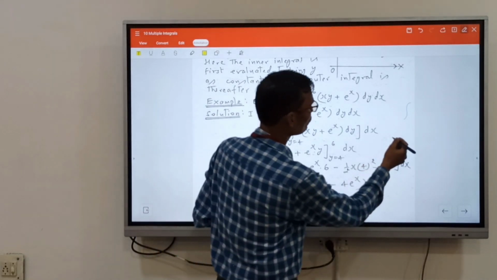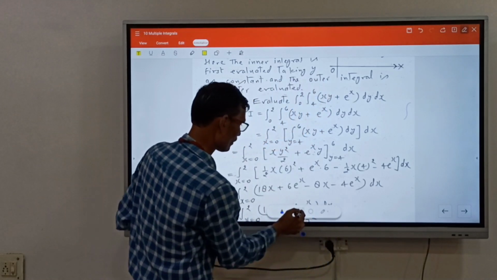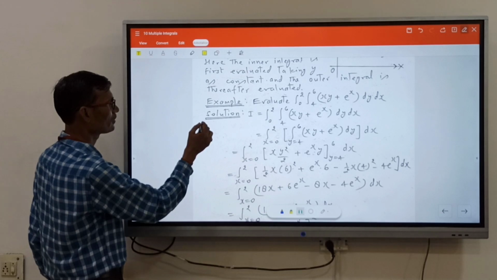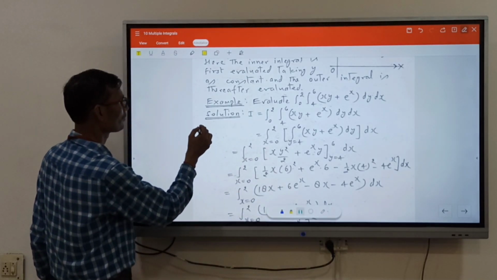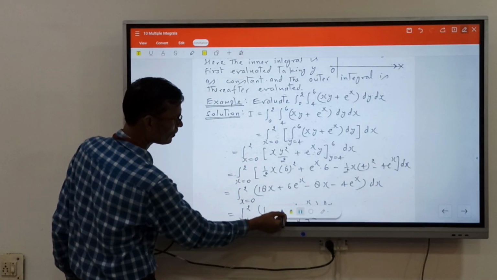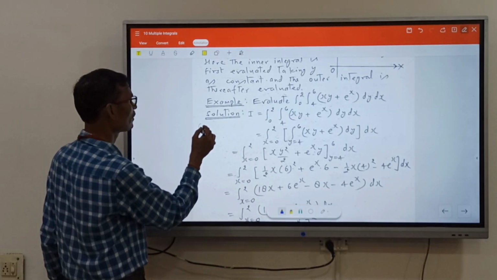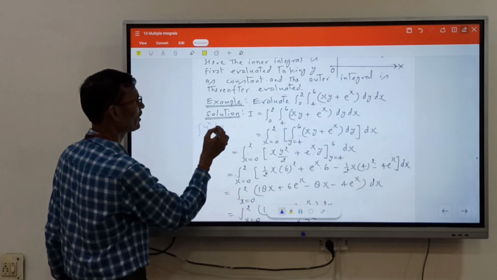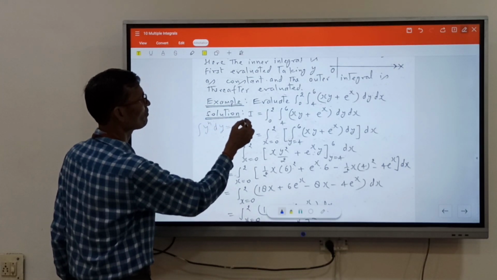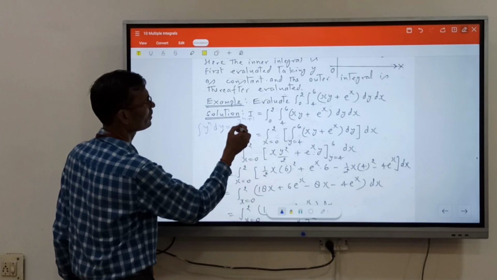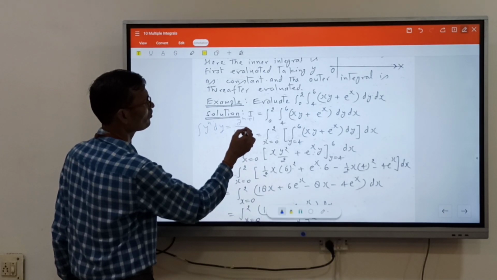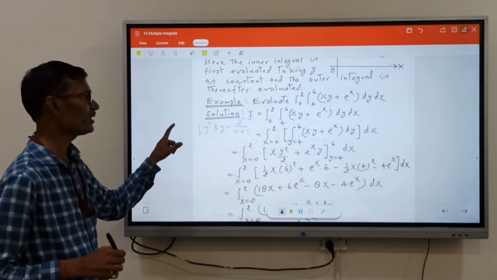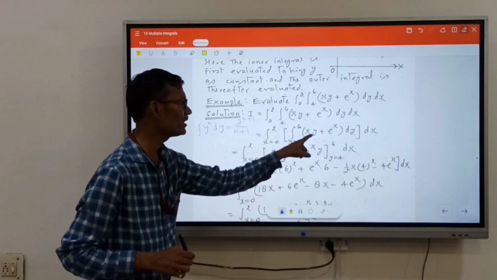The rule is very simple: as you know, the integral of y to the power n dy is y to the power n plus 1 upon n plus 1. This standard formula is used to integrate y.